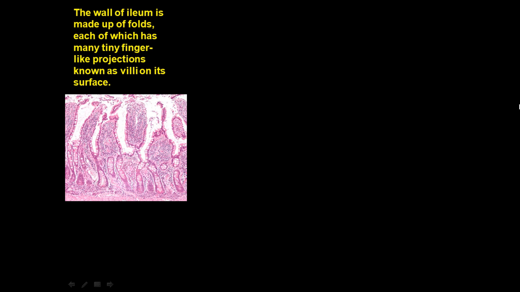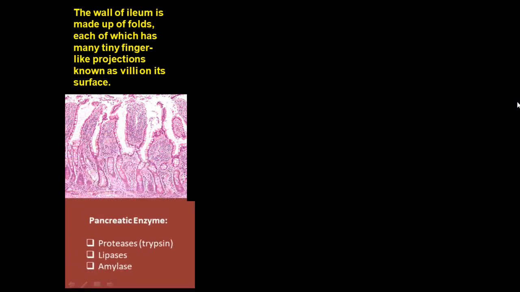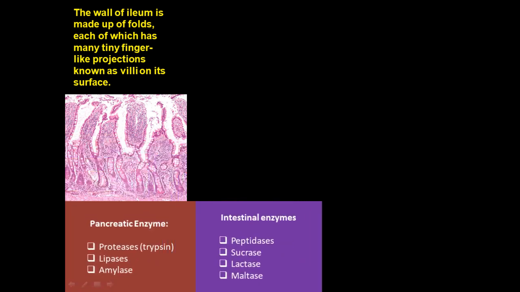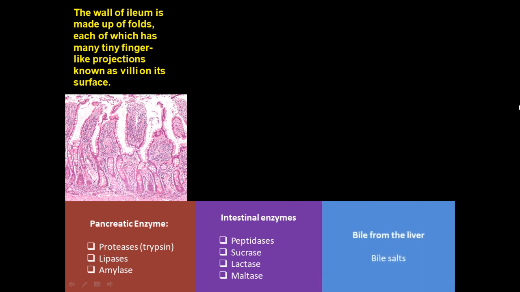Digestion in the small intestine is helped by three kinds of enzymes: the pancreatic enzymes, intestinal enzymes, and bile from the liver. The pancreatic enzymes consist of three enzymes: proteases or trypsin, which break down proteins into peptides and amino acids.